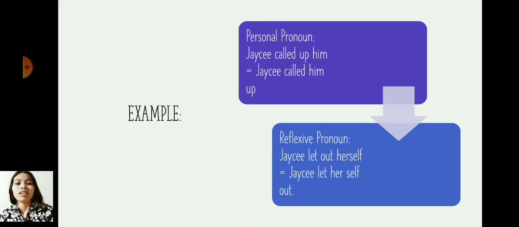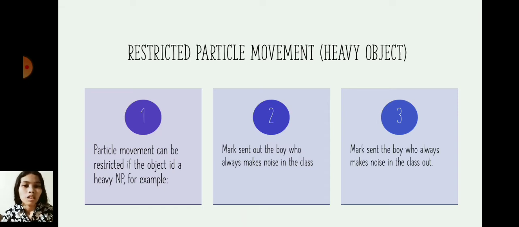So now let us go to the restricted particle movement. In this, particle movement can be restricted if the object is a heavy NP, or noun phrase. For example, Mark sent out the boy who always makes noise in the class. We will ask, what is the heavy noun phrase there?